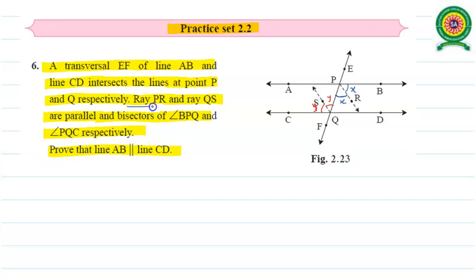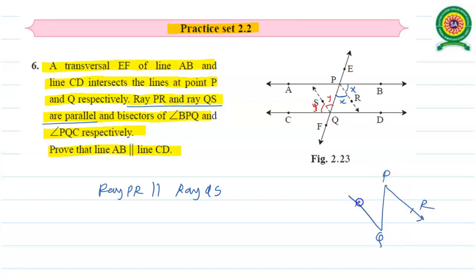So let's start the proof from ray PR and ray QS being parallel. I am writing here ray PR is parallel to ray QS. Look at the ray PR: somewhere here is P, here is R, and here is Q, and here somewhere is S. So what about those two angles? They are alternate angles, so they are equal in measure once the lines are parallel.